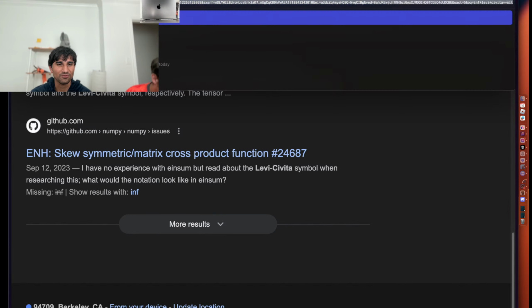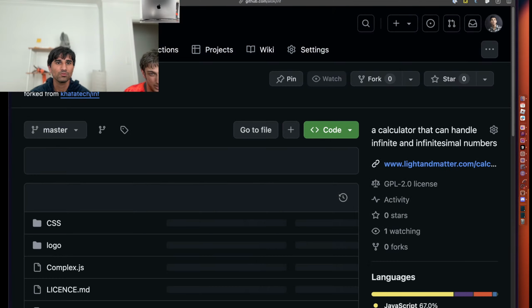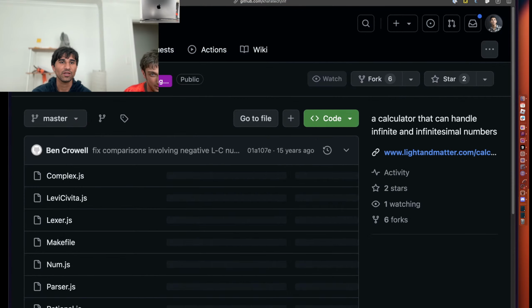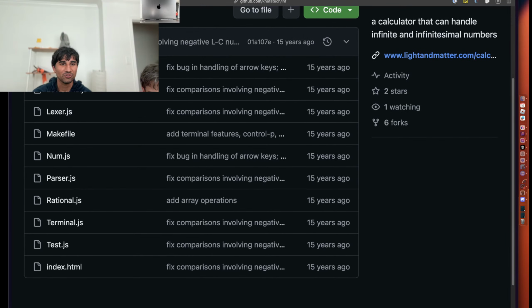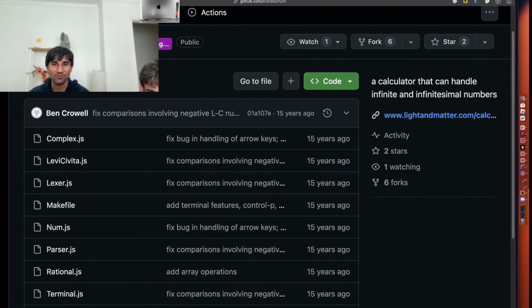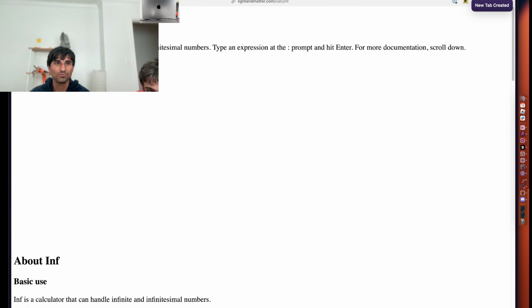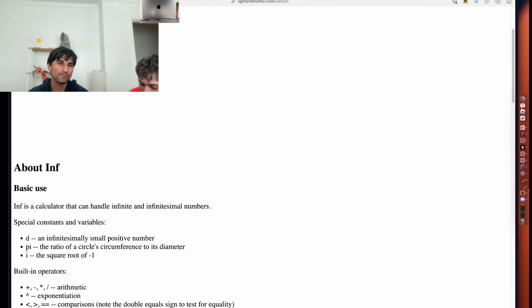I gotta publish my math now before computers can do it all for us. Ah, here it is, finally. Need to get tenure ASAP. Wow, 15 years ago. What's this? This is an implementation of the Levi-Civita field. How is this physically doable? Because it's not actually implementing the entire field.